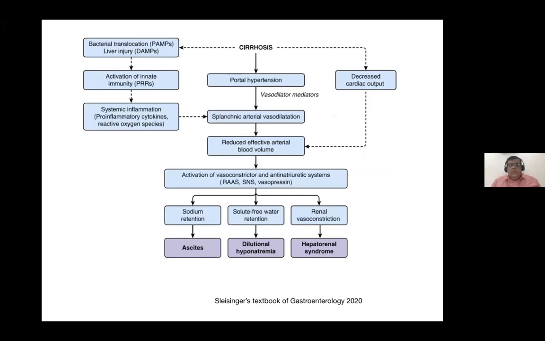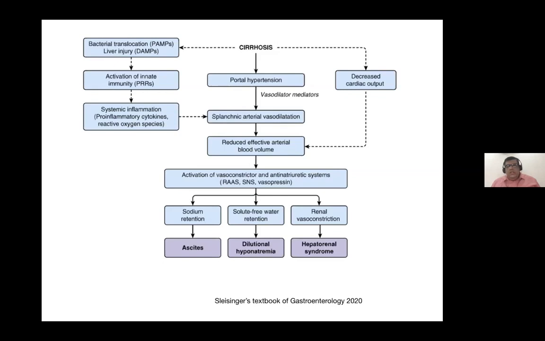Because of cirrhosis, we know that there is increase in the gut permeability and increased bacterial translocation, giving rise to PAMPs. Liver injury gives rise to DAMPs, which will then activate the innate immunity, giving rise to systemic inflammation, production of pro-inflammatory cytokines and reactive oxygen species, which then give rise to splanchnic arterial vasodilatation.